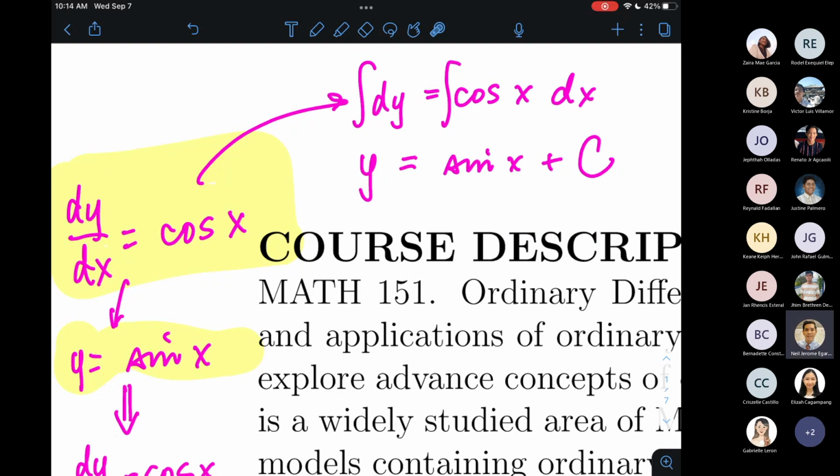So throughout the whole semester, this is what we will do. We will look for methods. We will learn how to solve differential equations, several classes of differential equations, how to interpret their results, and what the implications of those results are in real-world problems. And differential equations are very important because, remember, derivatives are the instantaneous rate of change.